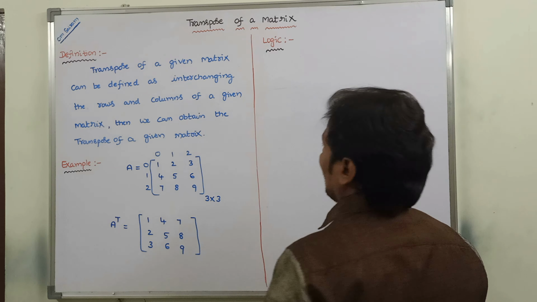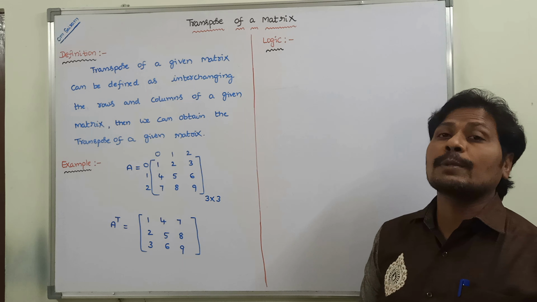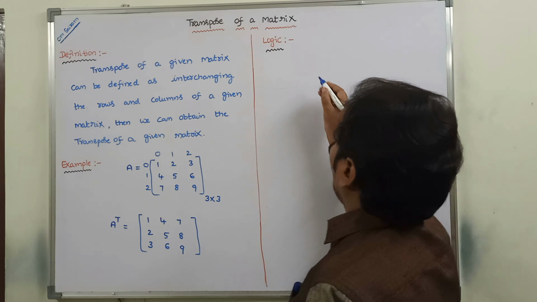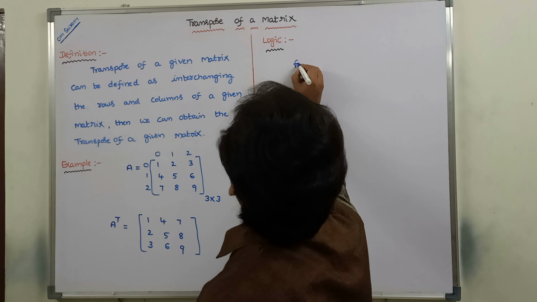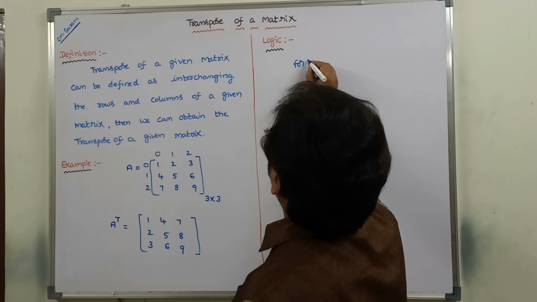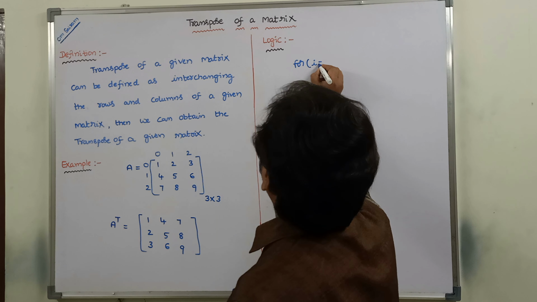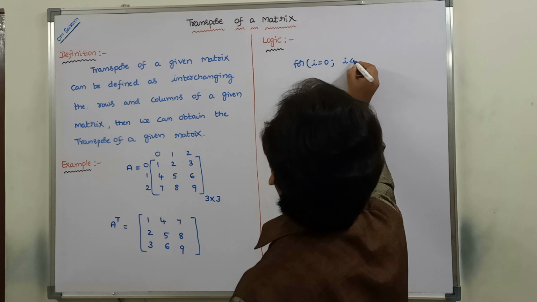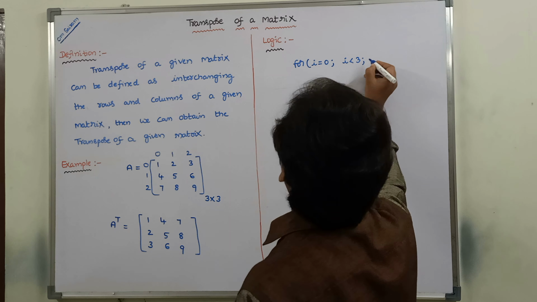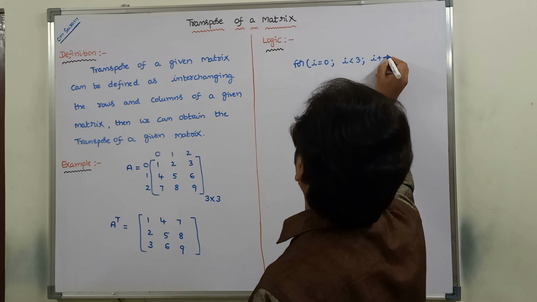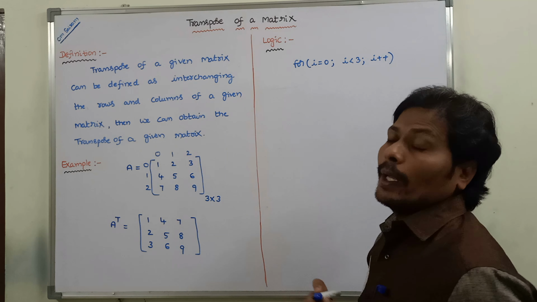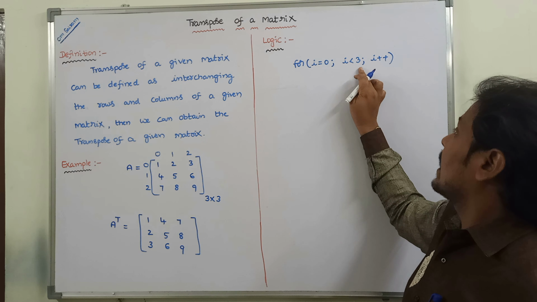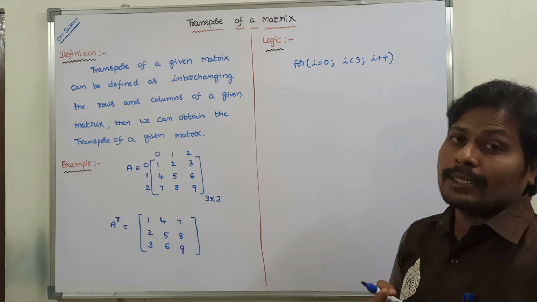Now, what is the logic of the transpose of a given matrix? For i is equal to 0; i less than 3; i plus plus. So for loop i is equal to 0, i less than 3, i plus plus.